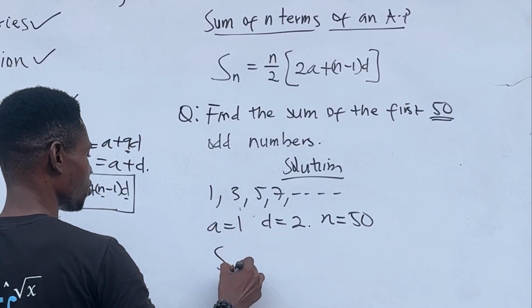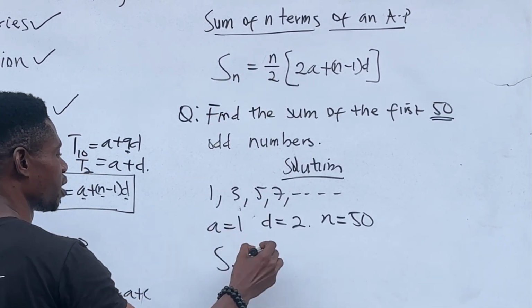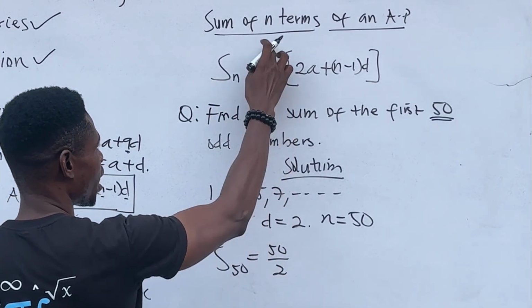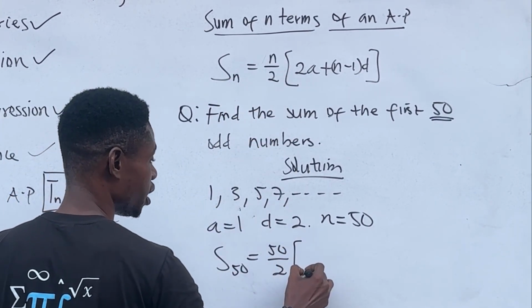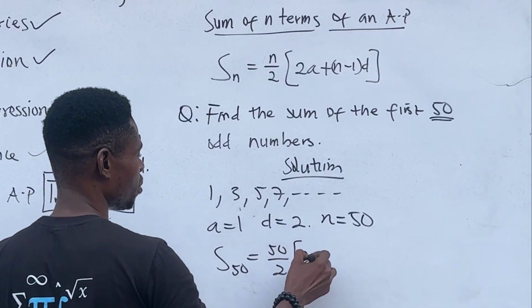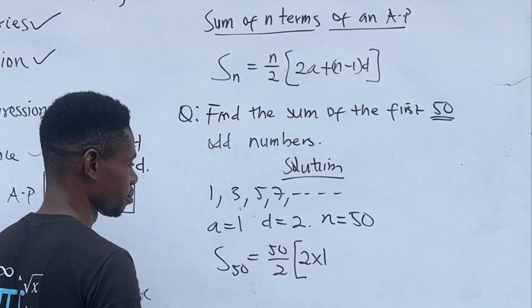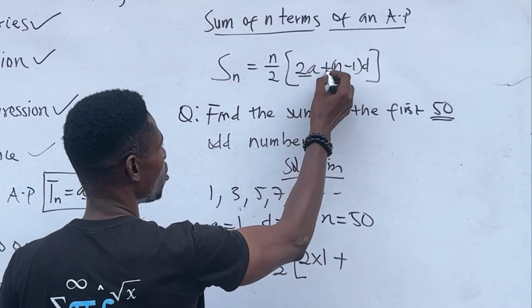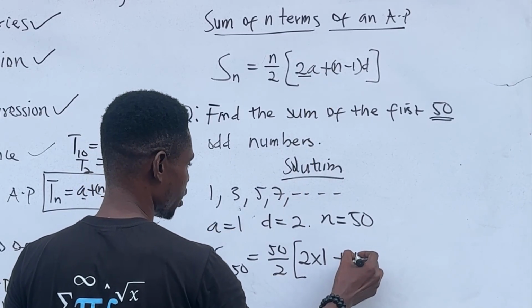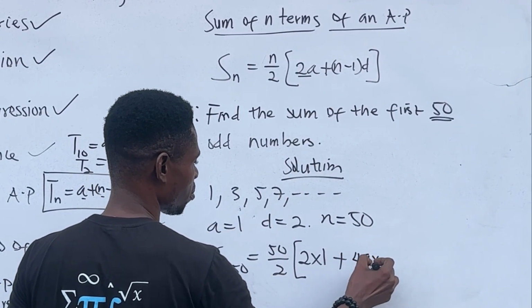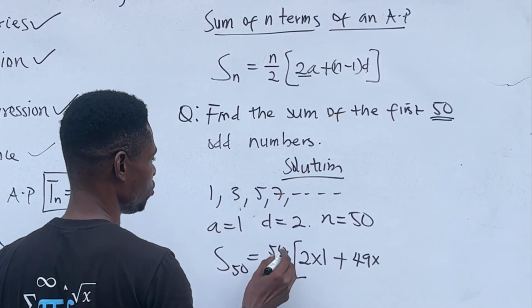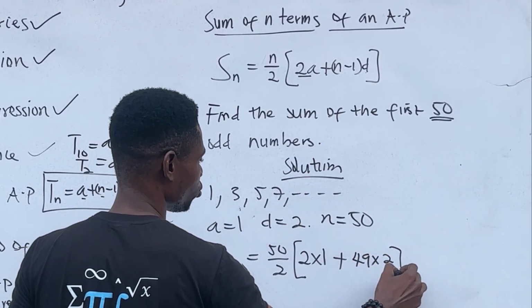So our S50 will be 50 over 2, that's N over 2, into 2 multiplied by A, which is 1, that's 2A, plus 50 minus 1, that's 49, multiplied by our common difference, which is 2.